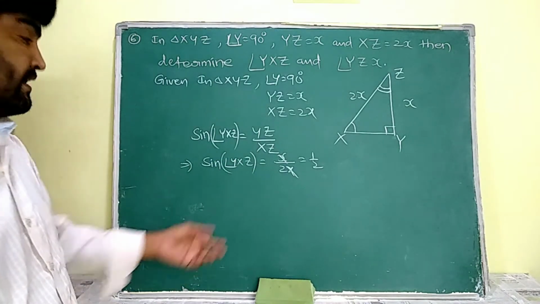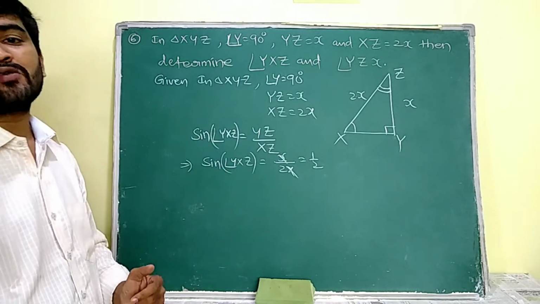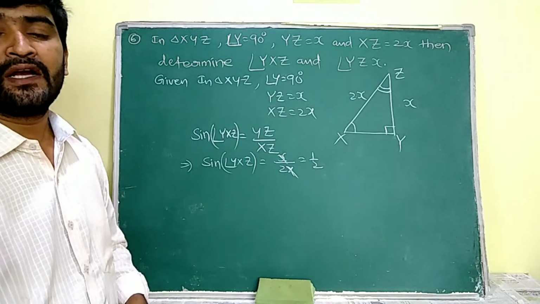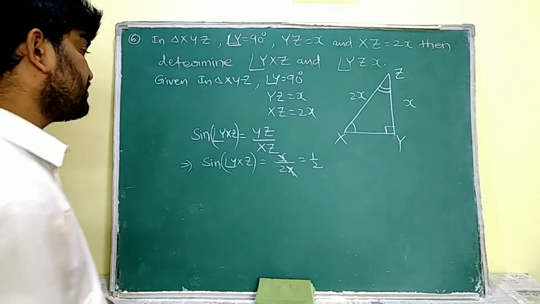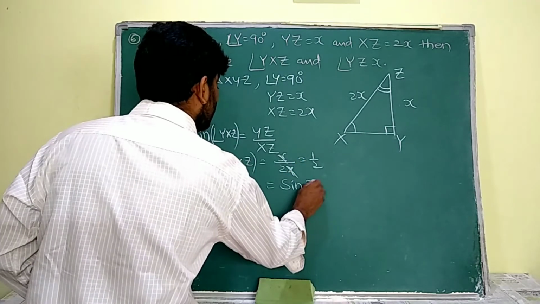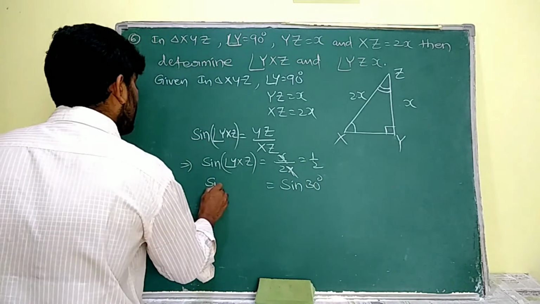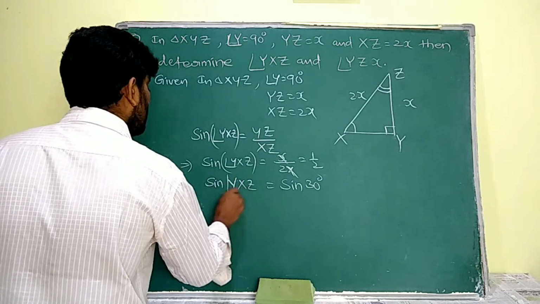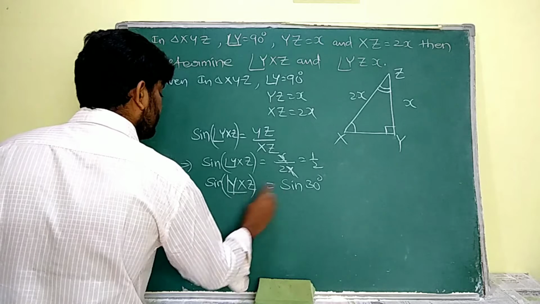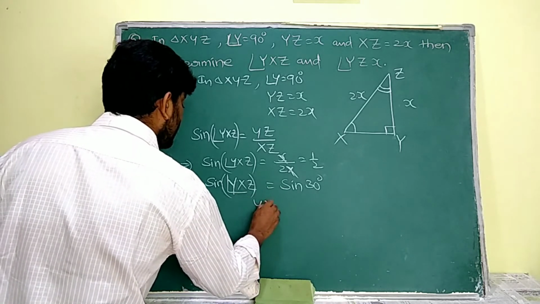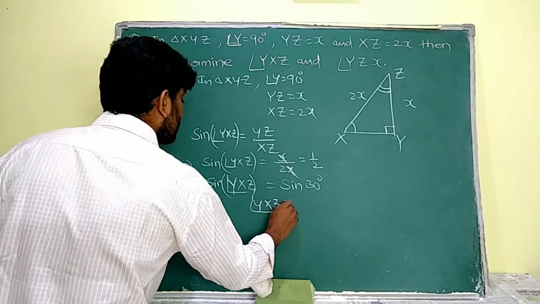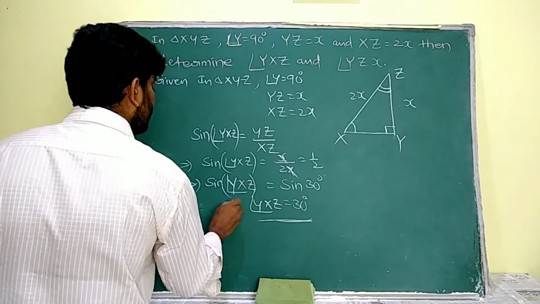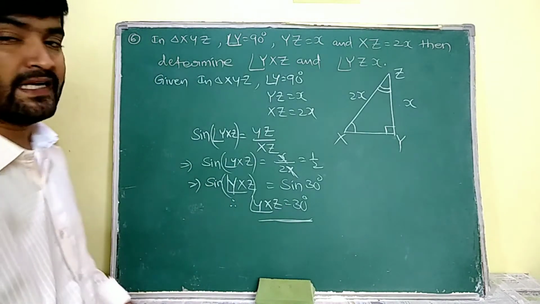To calculate this angle, we have to write both left hand and right hand side values into the same trigonometric ratio. You know that 1 by 2 is sine 30. So sine YXZ equals sine 30. By comparing both sides, angle YXZ is equal to 30 degrees.